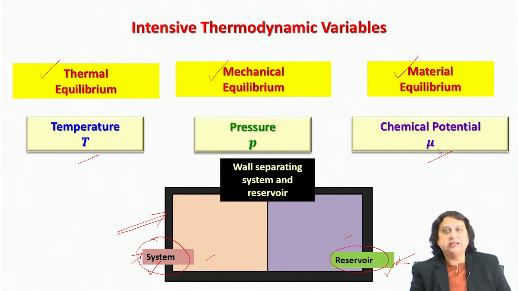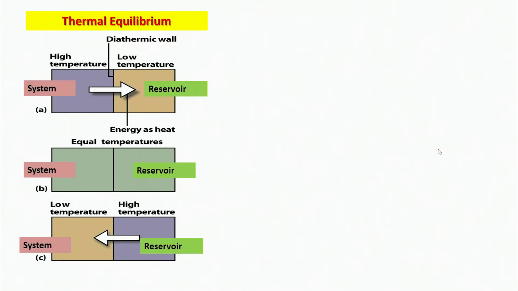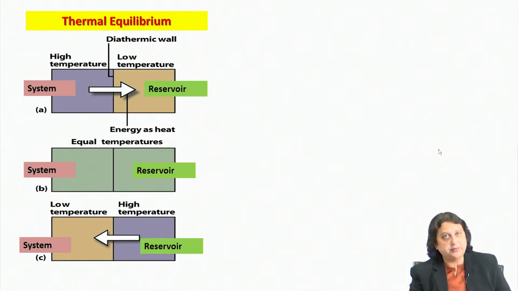So let us now see the kind of concept which leads to the introduction of chemical potential mu in the literature of thermodynamics. So first of all, this is what we have already seen for a thermal equilibrium.